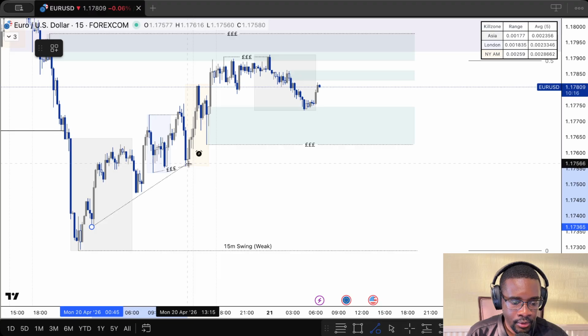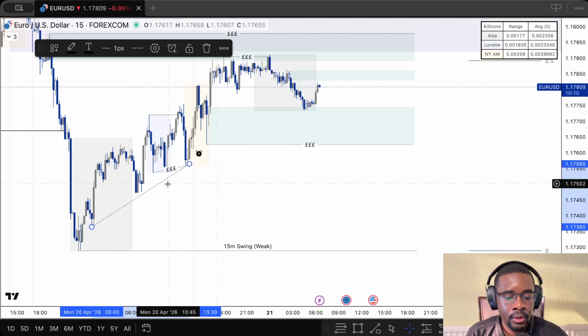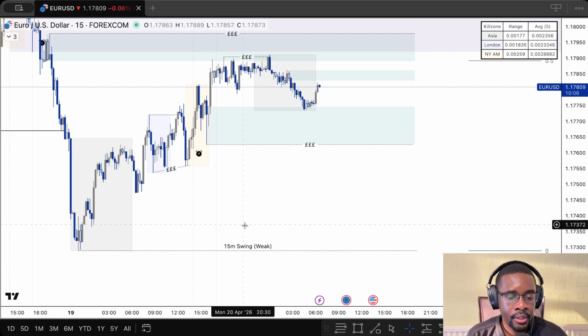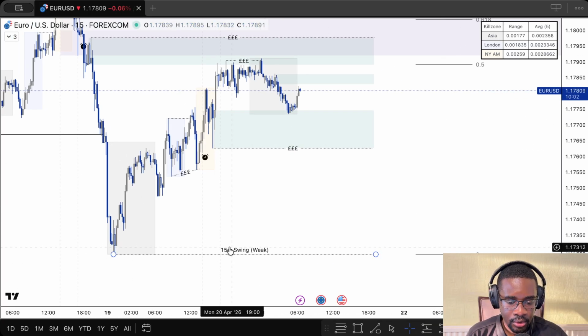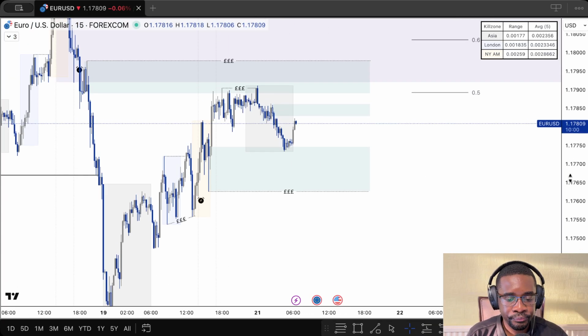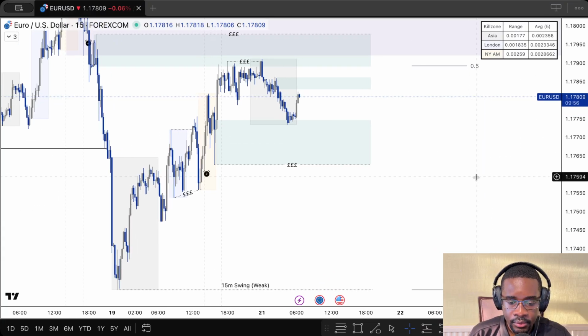Yeah, you could look at it differently, even like this. Okay, almost touching. Okay, so none of this possible liquidity to target. Right, price coming back to the week swing low. Okay, so those would be my trade ideas.